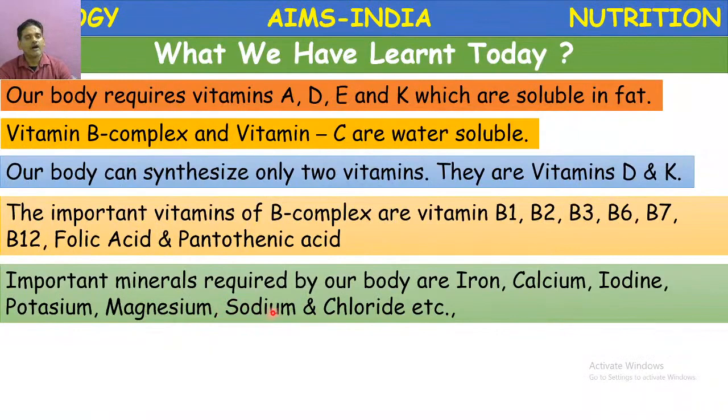And sodium, chloride, potassium, these three are very important in neuronal activity, nerve impulse or nerve transmission, and also maintain osmotic balance, water balance in the body.